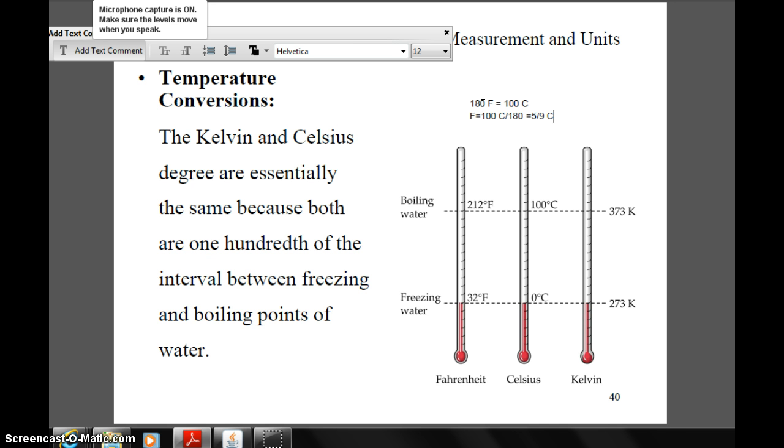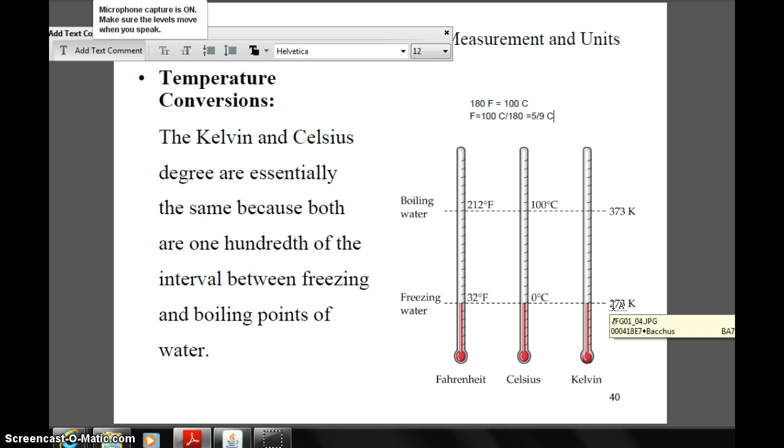So realize that the size of each degree is 5 over 9 times C. And of course there is a conversion factor because the 0 marks 32. You need to subtract 32 from here, and I'll talk about that relationship in a little bit. But there is a third scale that I wanted to introduce right now, which is the Kelvin scale, which is more of the scientific scale.